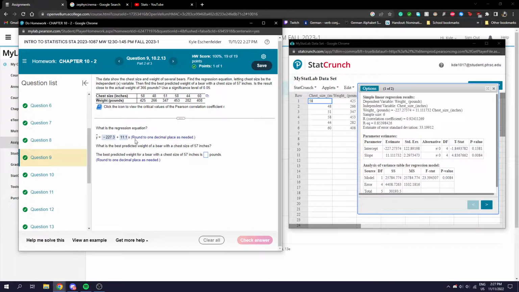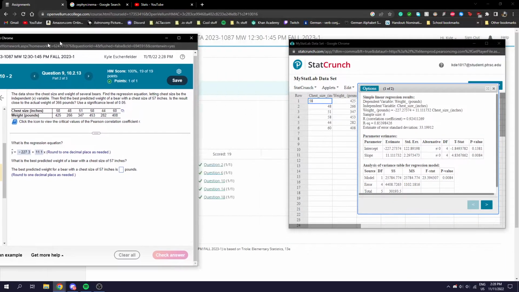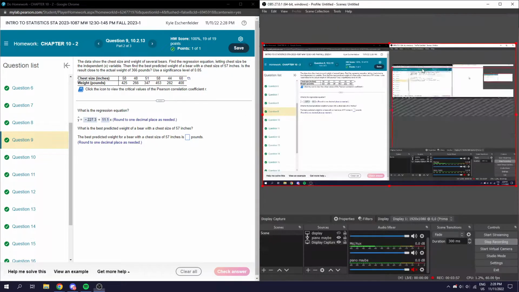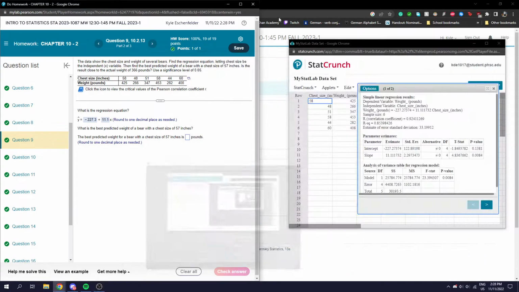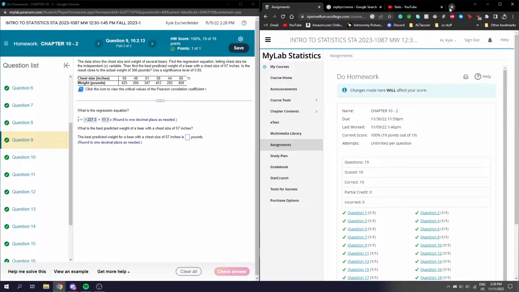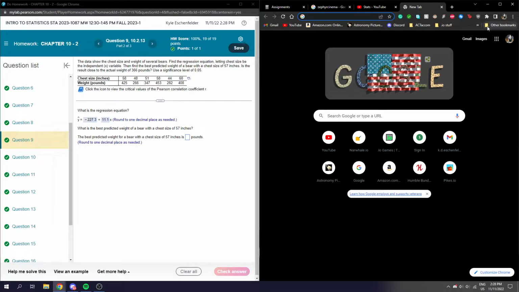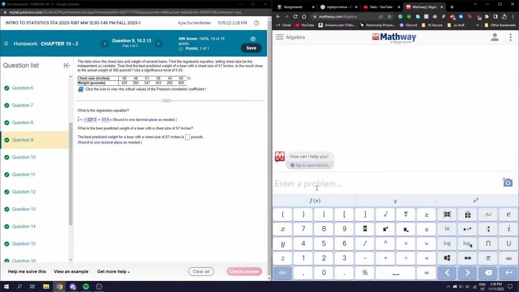I just used Mathway on my phone. That's where it worked. And you don't have to use the fancy bar thing over it or anything. 7.3 plus, and then this is going to be your x here, 57.